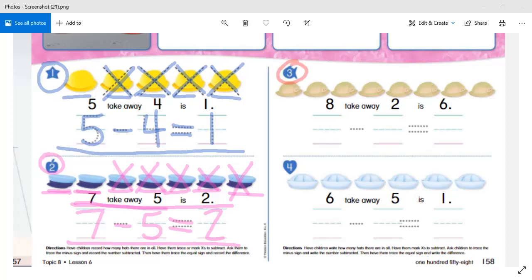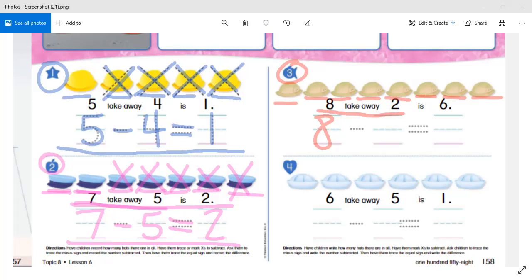All right, let's look at number 3. How many hats in all? 1, 2, 3, 4, 5, 6, 7, 8. So let's write 8. We have 8 hats in all. Over here it says 8 take away 2.